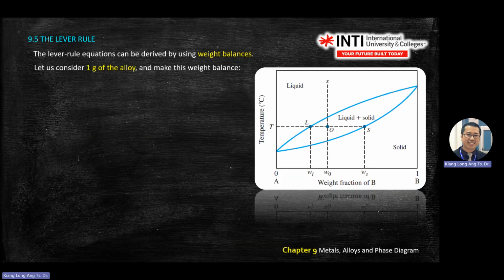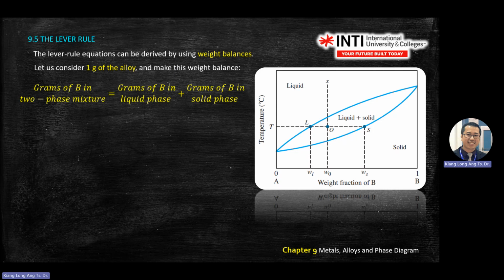Okay, so we just apply. Let's consider you have 1 gram of alloy and make this weight balance. So grams of B in the two-phase mixture will equal grams of B in liquid plus solid. Because at this line, the 1 gram you have will be in two states along this line. 1 gram of B, for example copper.